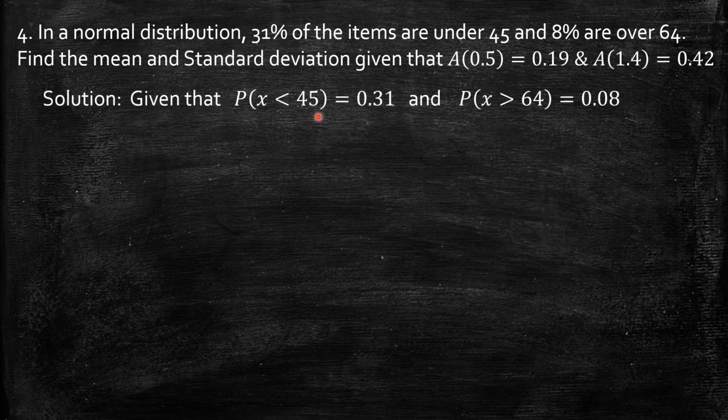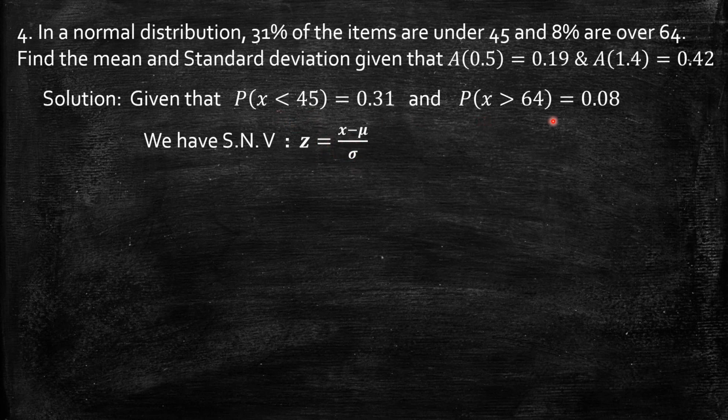The first thing, given that the probability of x less than 45 is 0.31 and the probability of x greater than 64 is 0.08. We have to convert this to a standard normal value. So here the SNV, the standard normal variable, is z equal to x minus mu by sigma. When x equals 45, z becomes 45 minus mu by sigma.